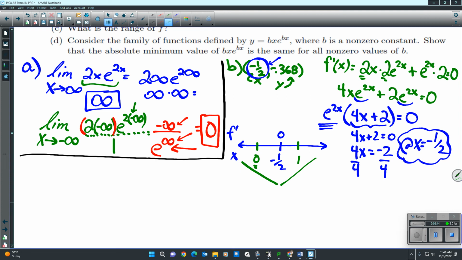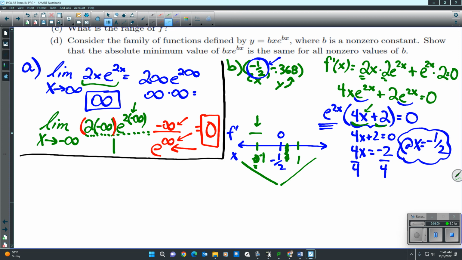I'm going to use -1 and +1. If I throw a -1 into my derivative, I will get a negative answer. I put a -1 here, that gives me -4. -4 plus 2 is still negative, so I get a negative value.